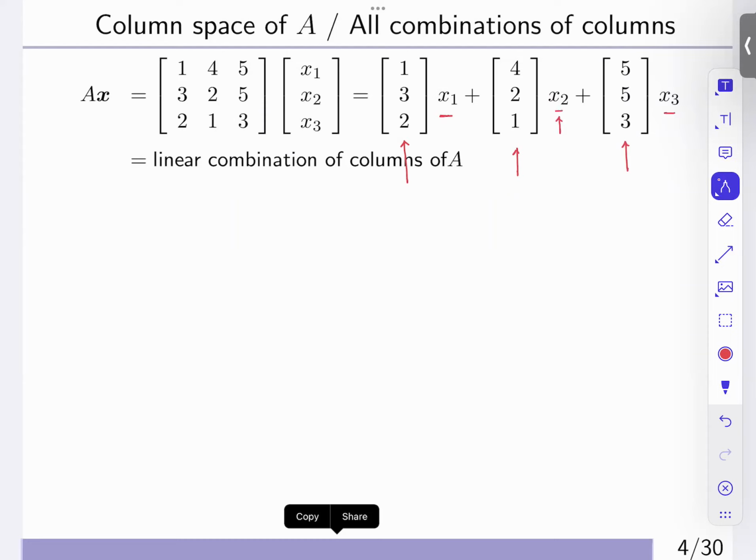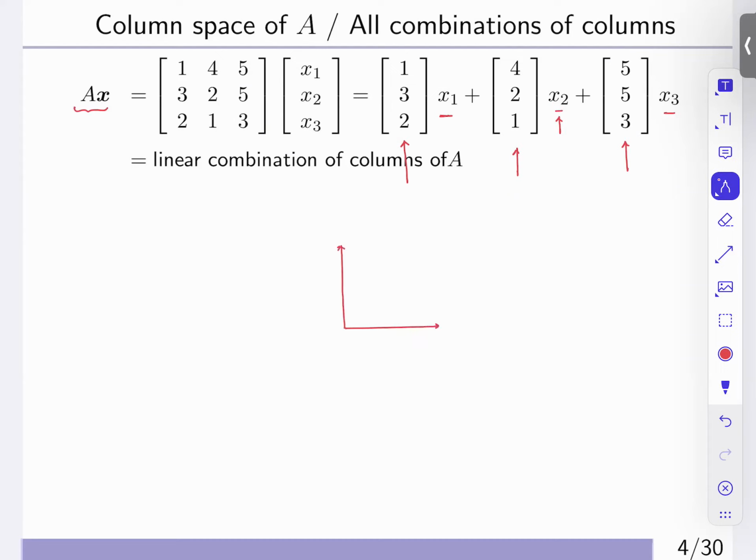Now what that means, and this is very important, is that this Ax, the result, will be in the span of these basis vectors.